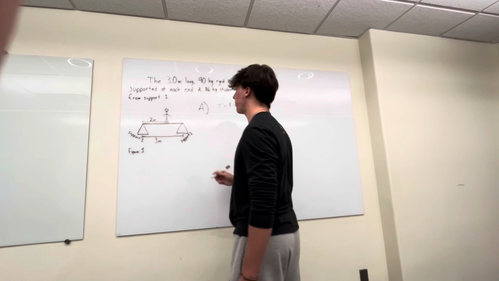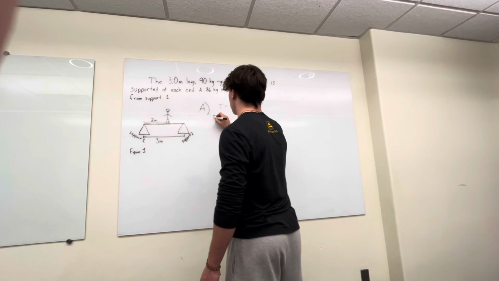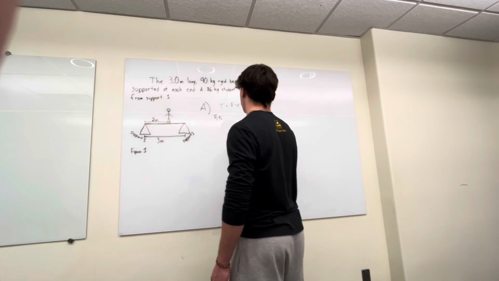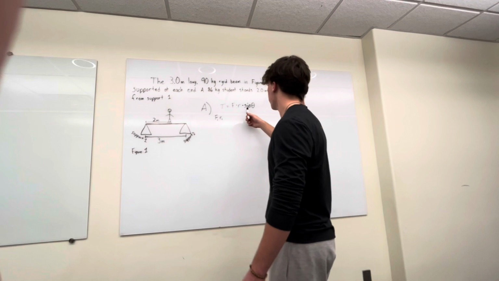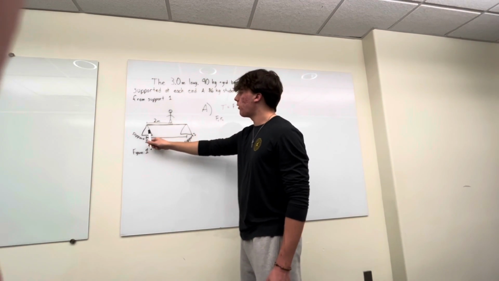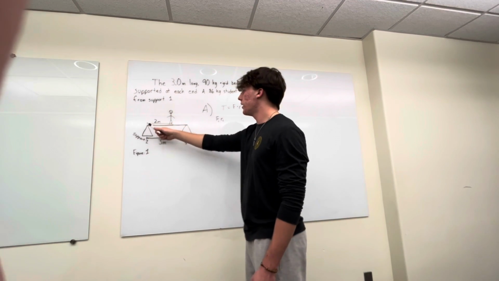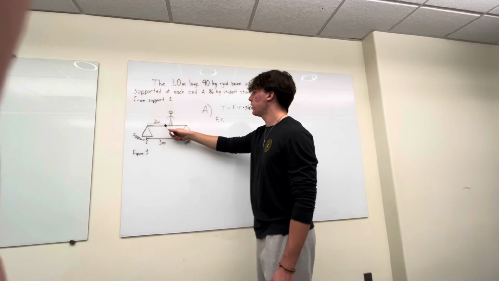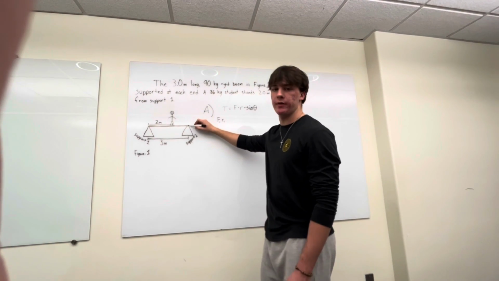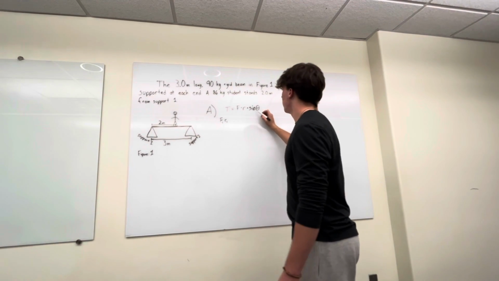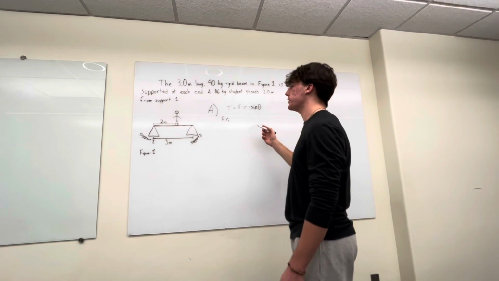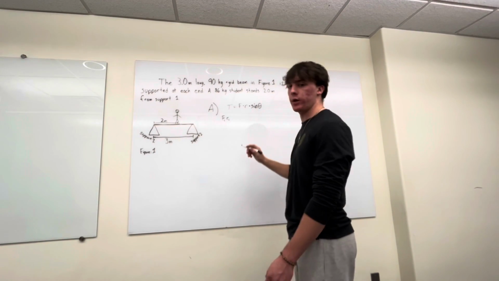So here we have support 1, so we'll define that as force 1 times the radius of 1. And for this specific problem, since support 1 is already perpendicular to the beam, and the person and the beam itself are perpendicular to this pivot of rotation, the angle will be 90 degrees, and since the sine of 90 degrees is just 1, we can eliminate that from the equation.